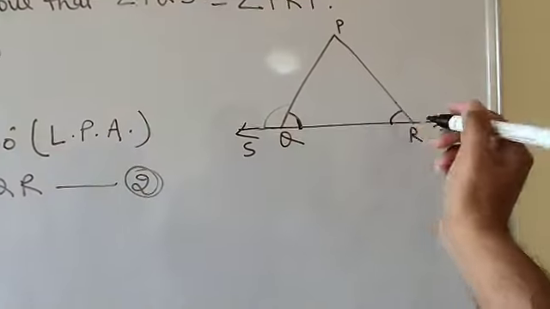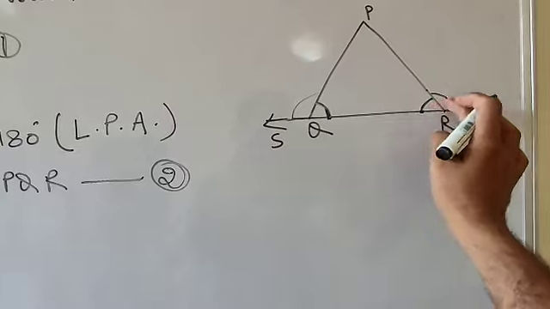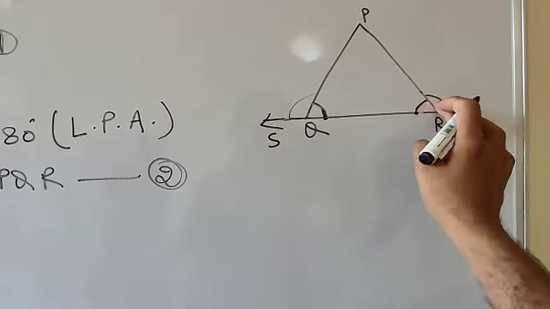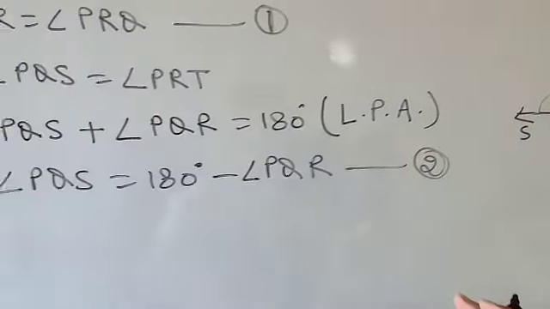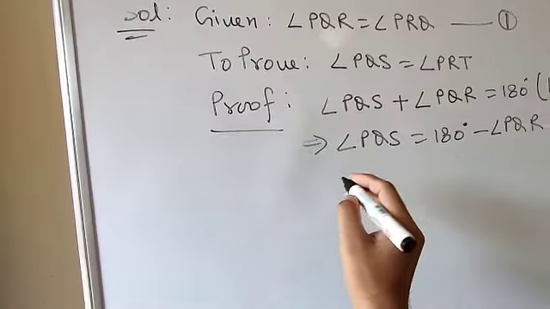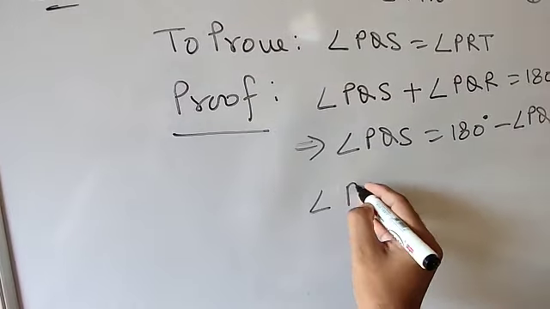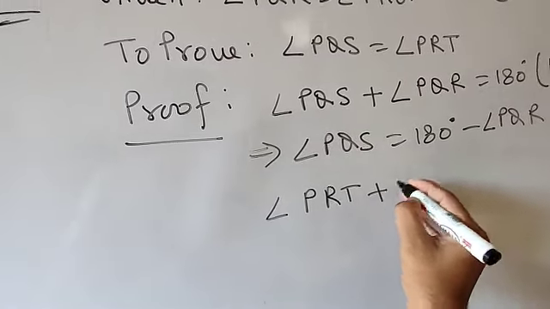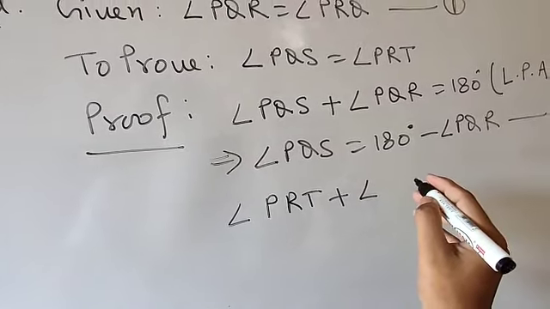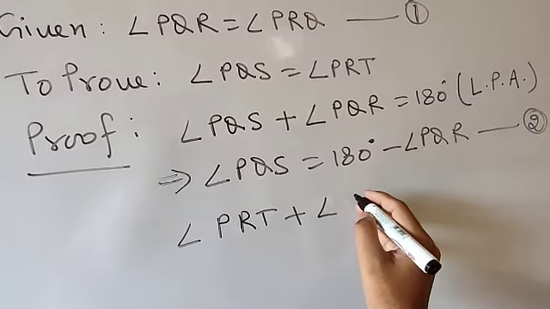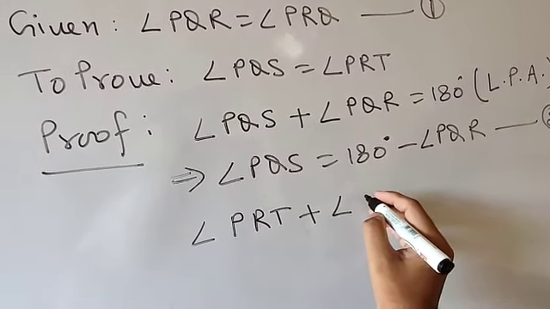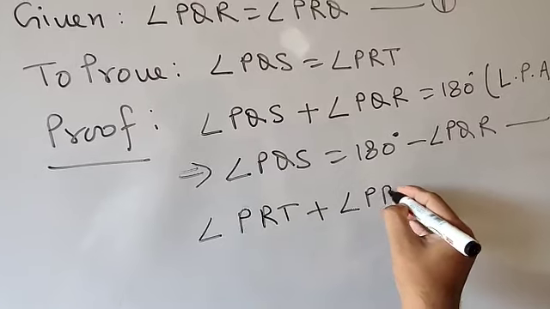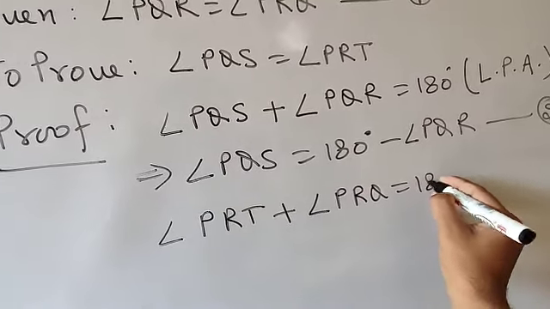Now students, this angle plus this angle are also a linear pair of angles, so their sum will be 180 degrees. So here I can write angle PRT plus angle PRQ equals 180 degrees.